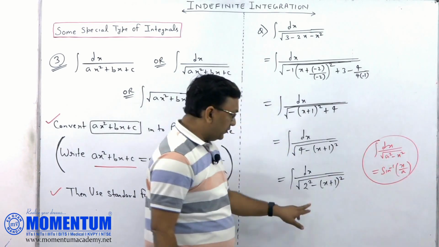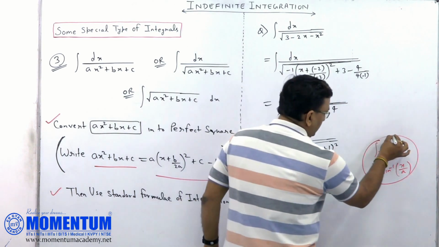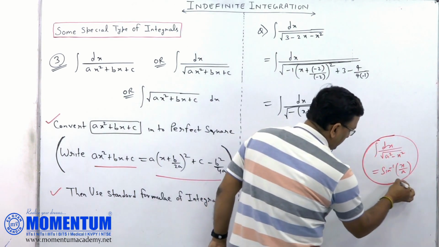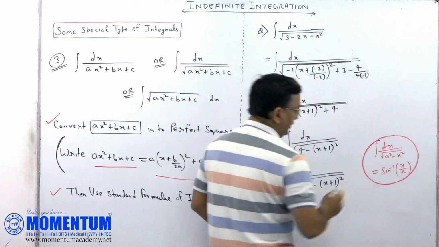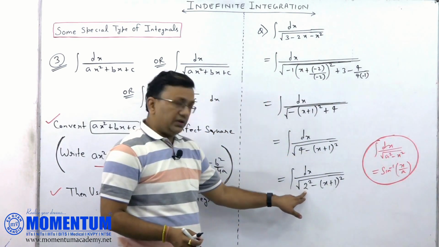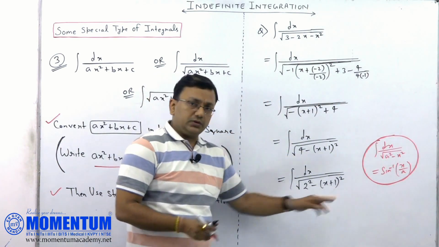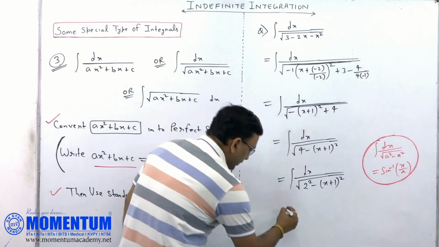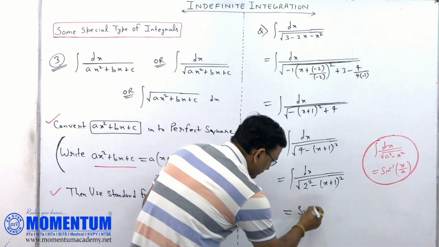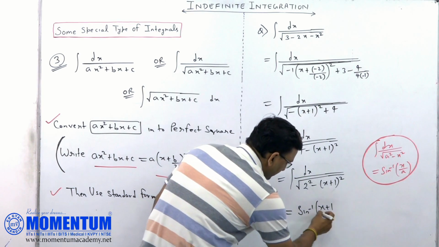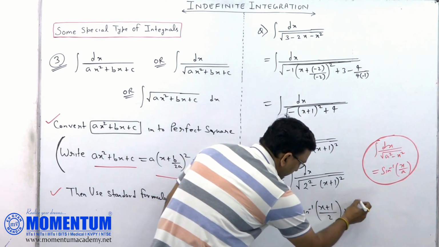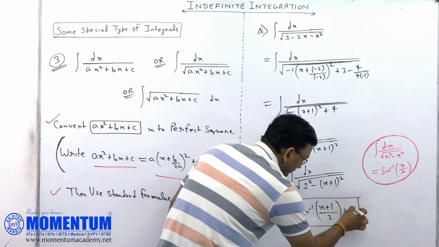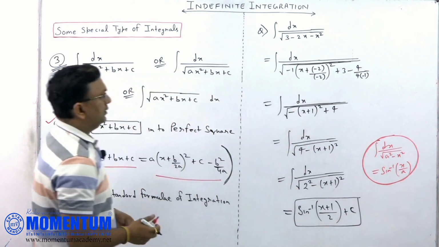Now the same formula we will apply here. Root over a square minus x square. So what's the answer? Final answer is sin inverse of x plus 1 by 2. Is it? That's my answer. Clear?